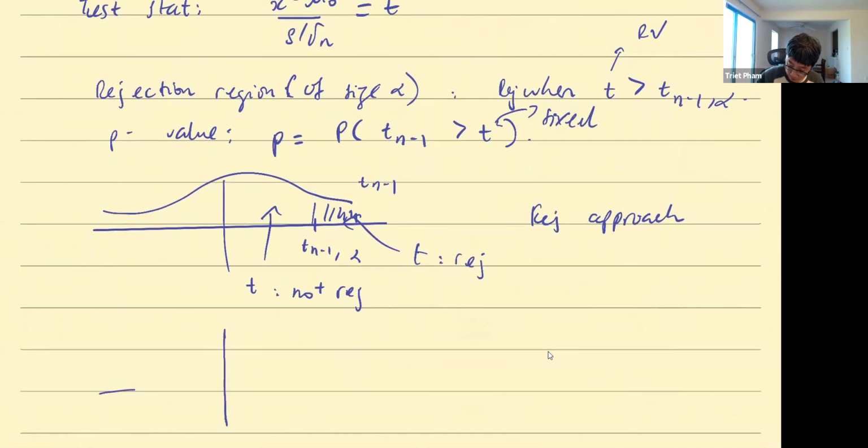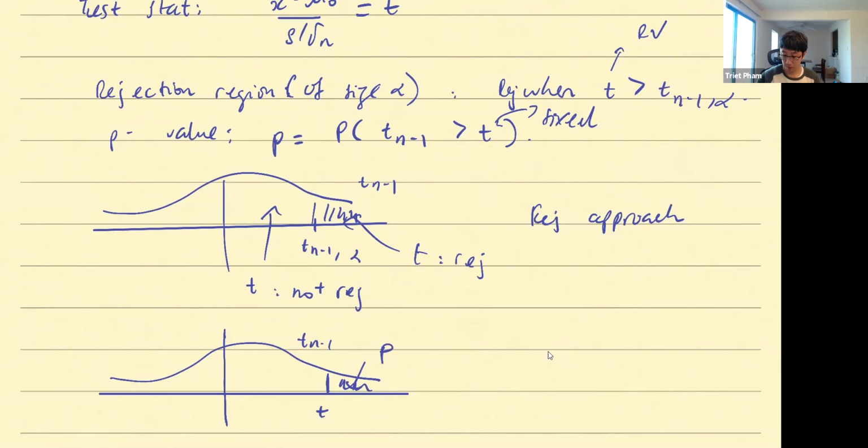For the second one, here's your t value. This is still the T(n-1) curve. What is this area? That's the p-value. You see, both point to the same region, except that the roles get switched. One is you fix this and you search where t is. The second is you fix t and you calculate the probability that you're above t. But it's equivalent because it points to the same area.